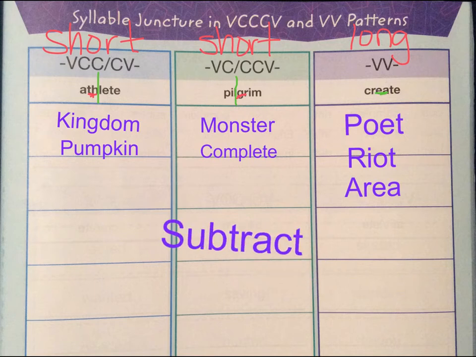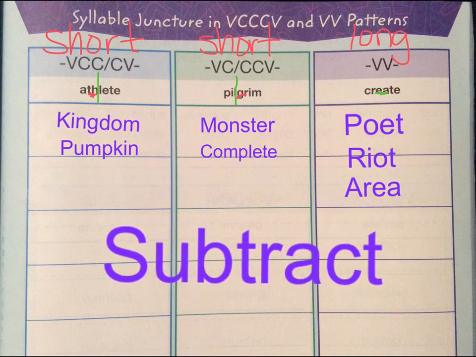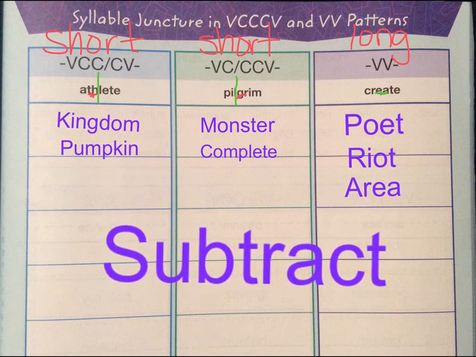And let's look at our last word, subtract. So how would you separate subtract into two syllables? If you said to separate it between the B and the T, you are correct. Subtract are the two syllables that it makes. And where's the blend sound in subtract? The T and the R make the blend sound.